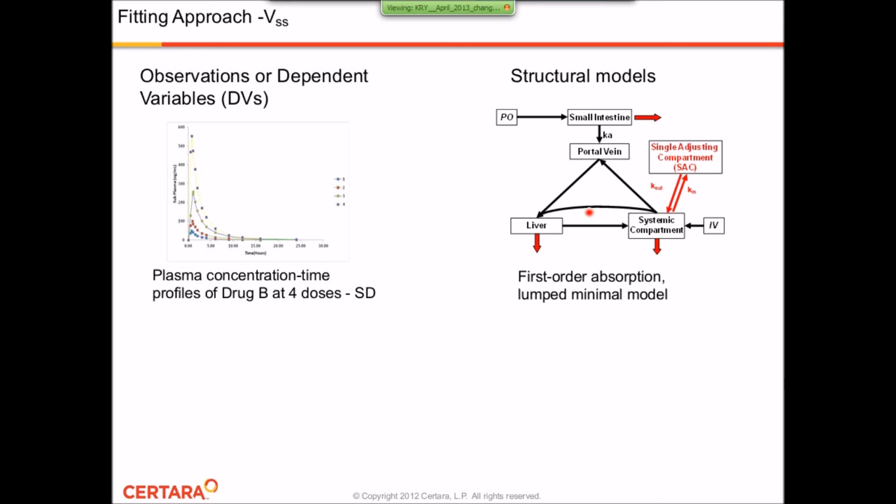We input the data that I've shown you from the table previously for drug B. But on top of that, we're pulling in the clinical data and we are fitting. What we're fitting for is the volume of distribution, because at the moment that is one of the parameters with the most uncertainty. And we ended up with a fitted volume of 0.18 liters per kilogram.